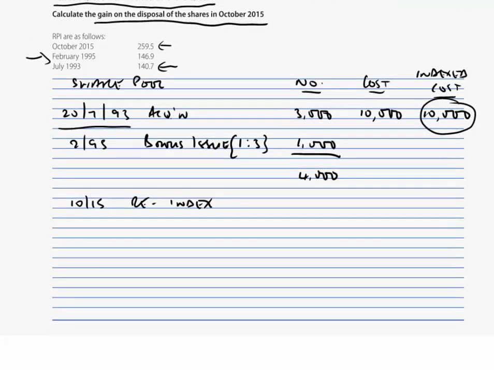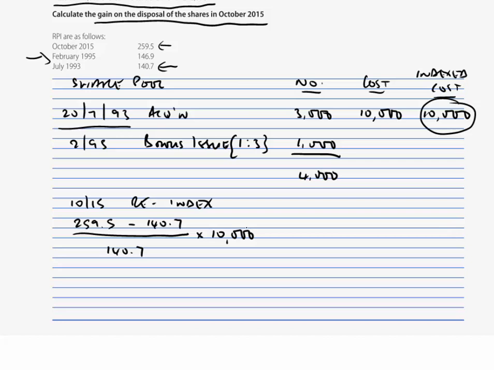So for that purpose, our re-indexation: what is the RPI now? 259.5 minus what it was when we originally purchased those shares, 140.7, all over 140.7. Leave the RPIs in the calculator, and multiply out by that already circled index cost figure of £10,000.